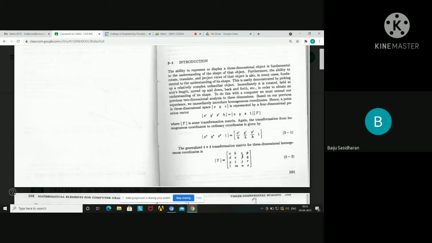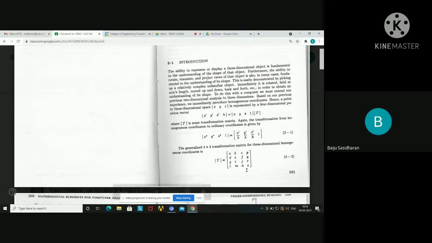As I said earlier, the first 3 by 3 matrix is responsible for scaling, shearing, rotation, reflection, etc. And this matrix, that is PQR, is responsible for the projection in the XY plane, YZ plane, XZ plane, etc. And this LMN is responsible for the translation along the X direction, Y direction, and Z direction. And this S is responsible for overall scaling.